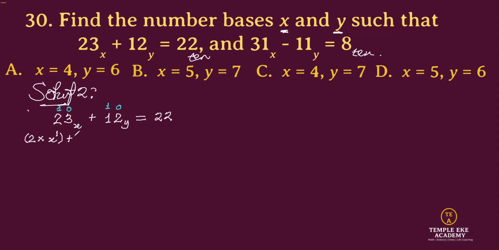We'll proceed. The next digit is 3. It has to multiply the base x, and the x must be raised to the power the number written on top of 3, which is 0.